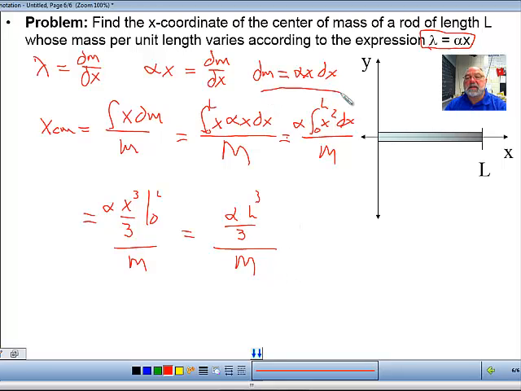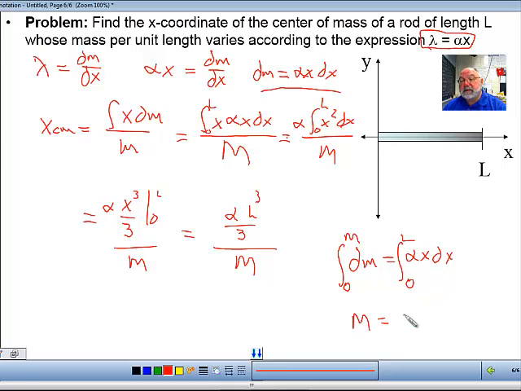We don't know what the total mass is, but we know how to find it out. We're going to use this right here. So dm is equal to alpha x dx. We're going to take the integral of both sides. We're going to evaluate the mass from 0 to the total mass, and this from 0 to a length of L. So on the left-hand side, we just get M. Usually we're going to skip this step here and just go right to what it is.